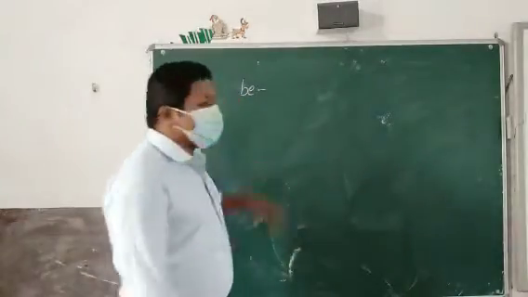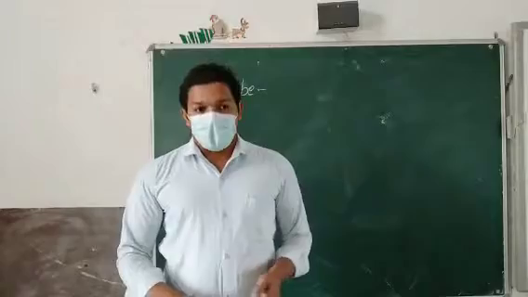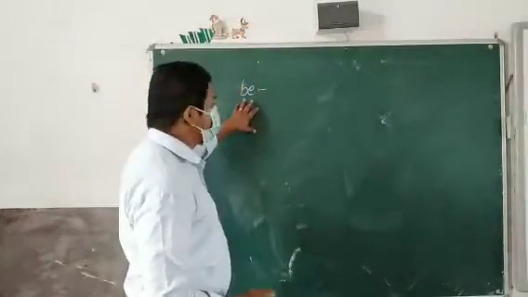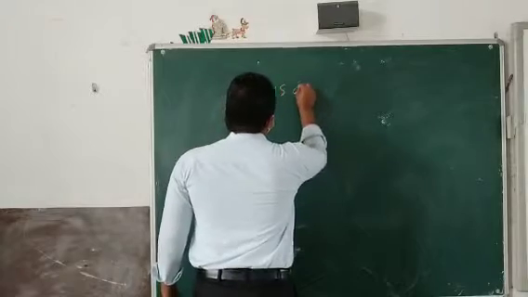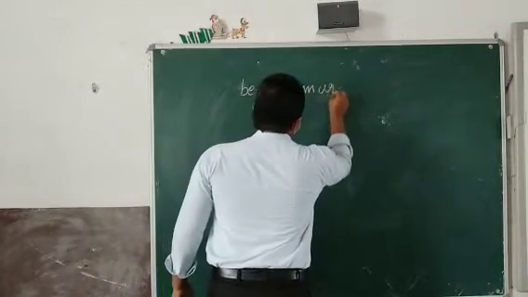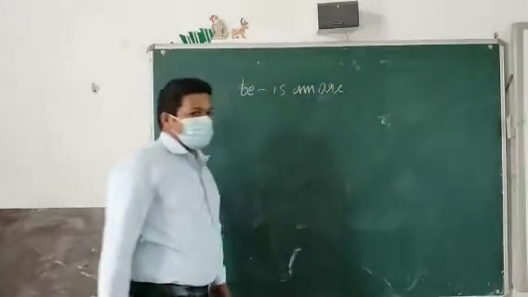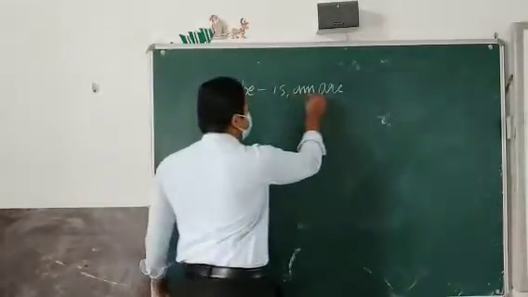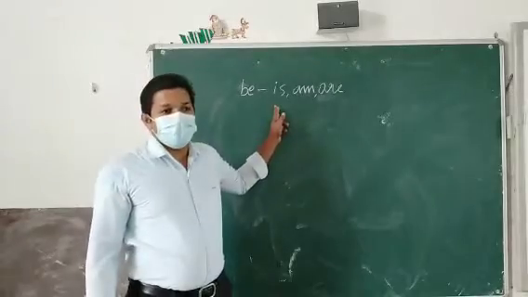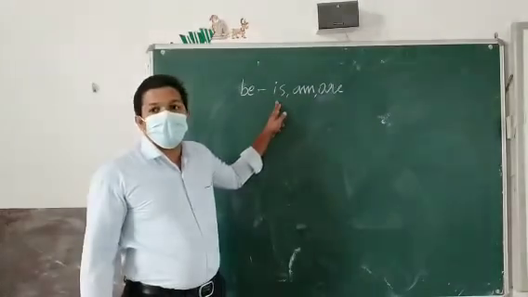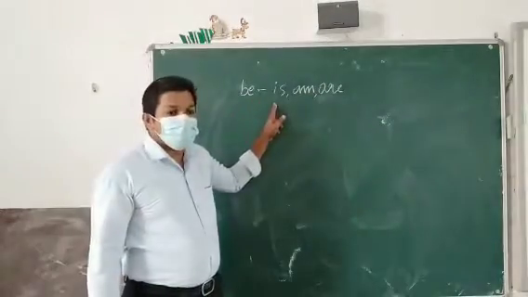But this verb has different forms in the present itself. If you want to use it in the present tense, it has three: is, am, are. These are the simple present forms, and it depends on the subject. If he, she, it is the subject, then is is used.